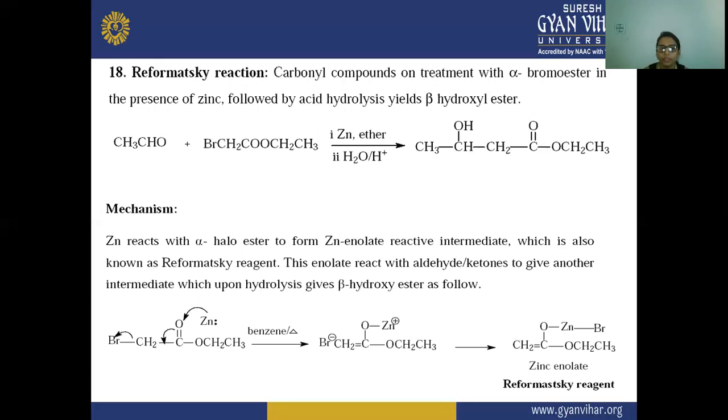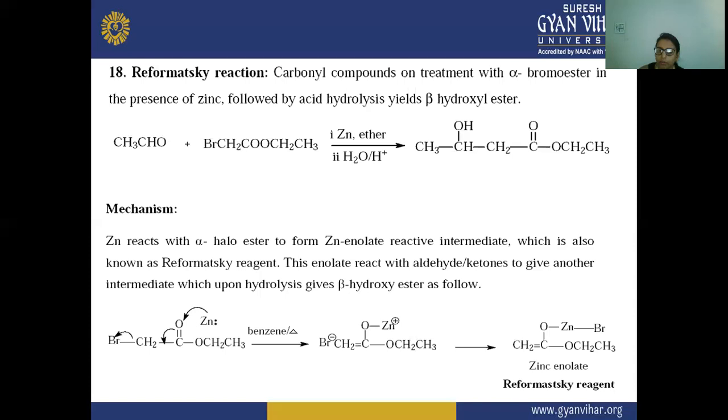Next is your Reformatsky reaction. So in your Reformatsky reaction, the carbonyl compound on treatment with alpha bromoesters in the presence of zinc followed by acid hydrolysis yields beta hydroxy ester. So here you will see this is your carbonyl compound, and towards this is the alpha hydrogen, alpha carbon, and the alpha bromo.